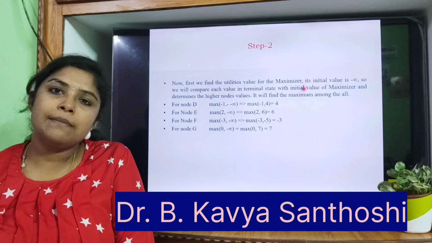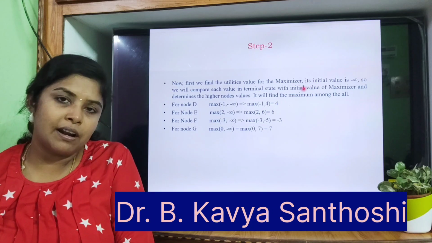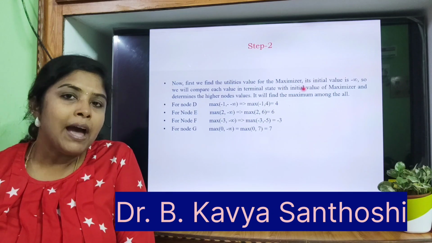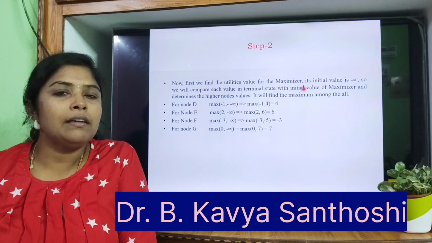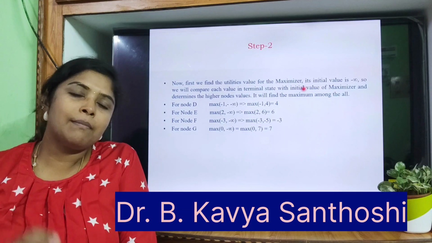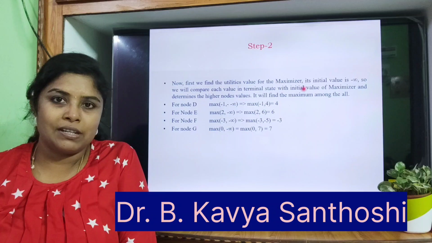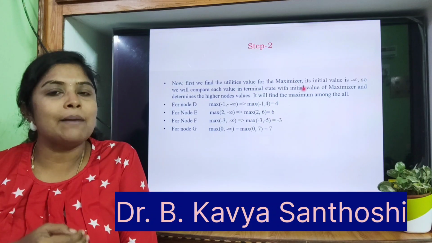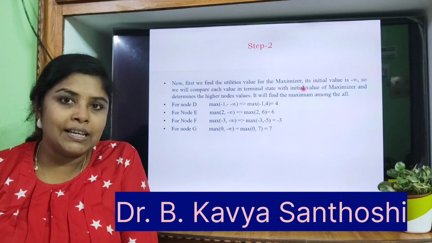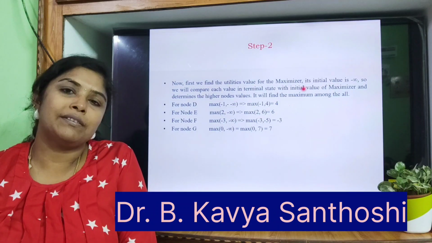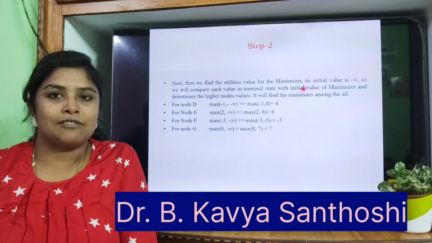Initially, as the name suggests, the maximizer will try to increase the value and look for the maximum value. So in the entire number series, what is the maximum value? It is plus infinity. But while starting, the maximizer player will start with minus infinity, and he will try to go further towards the positive side.